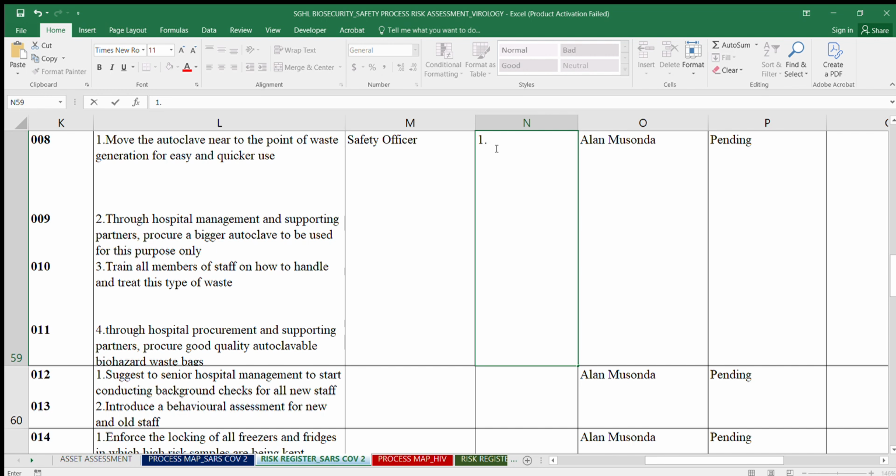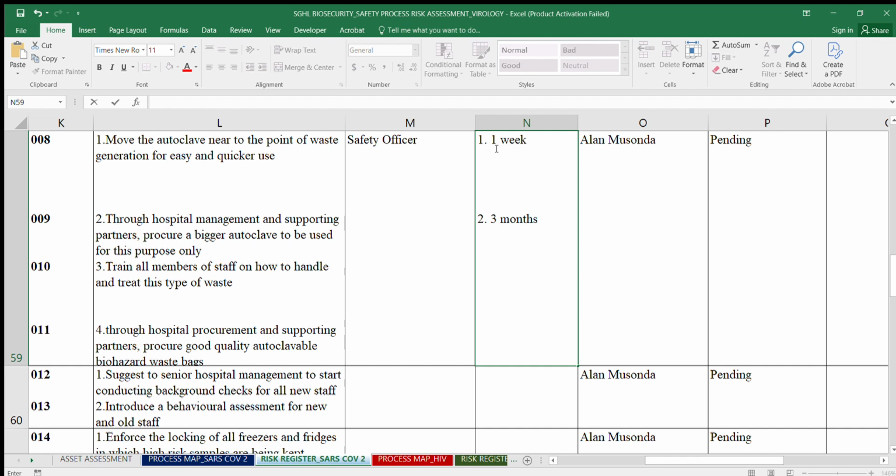Maybe for the first one, where you just need to move something from one area to the other, maybe you can say just 1 week is enough. 1 week, you move the autoclave from one point to the other. Maybe for the second one, where you need to procure an autoclave, you may give it a bit of time. Maybe you need 3 months for that.